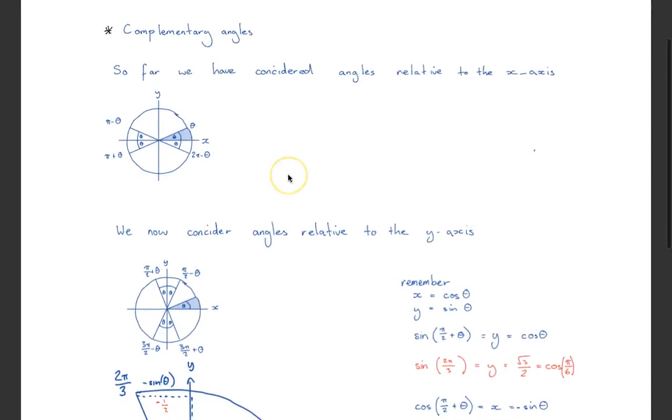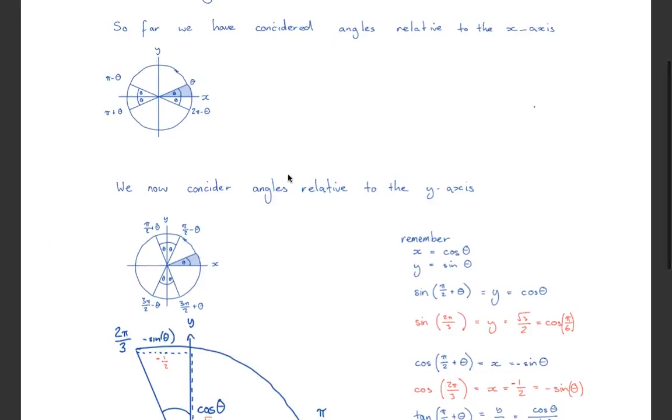So now what we're going to do is consider angles that are relative to the y-axis instead. We're still going to have our base angle theta in the first quadrant here, but because this is pi on 2 here, we're going to consider pi on 2 minus theta, pi on 2 plus theta, and round here 3 pi on 2 minus theta and 3 pi on 2 plus theta.